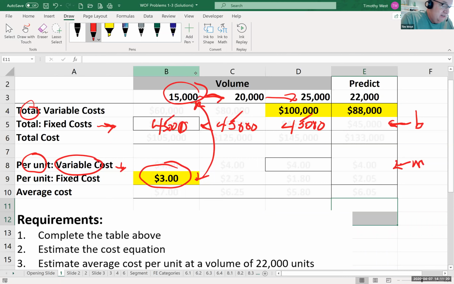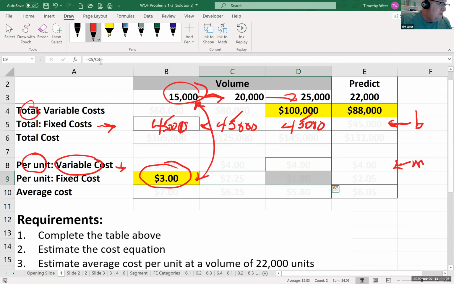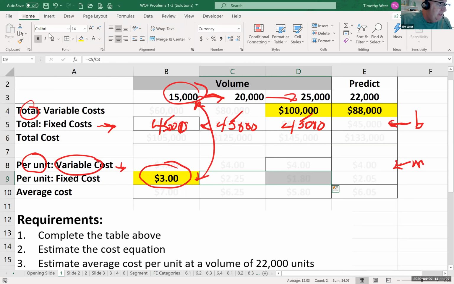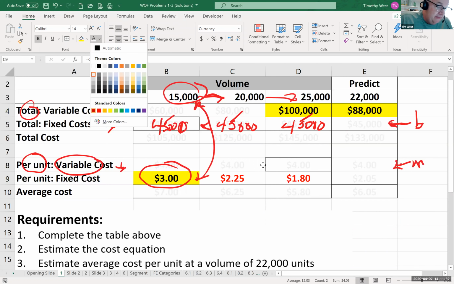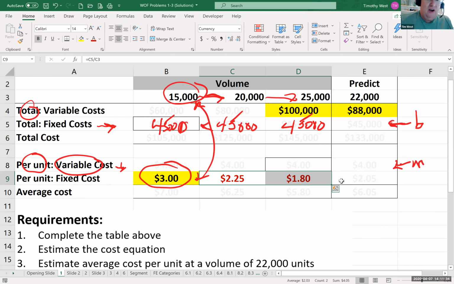And when we come down here to the per unit amounts, one of the things we know is that the per unit amounts are going to change, right? So this is the whole essence of why we have these problems later in the semester on average cost, because the greater the volume, the lower the per unit fixed costs. And that's one of the reasons we distinguish between the variable and the fixed. Okay, so let's go ahead and fill this piece in.